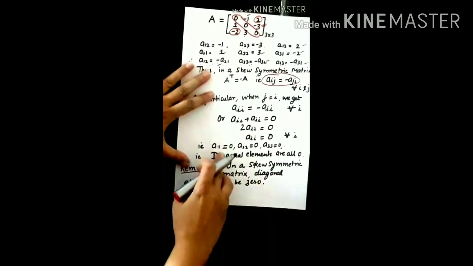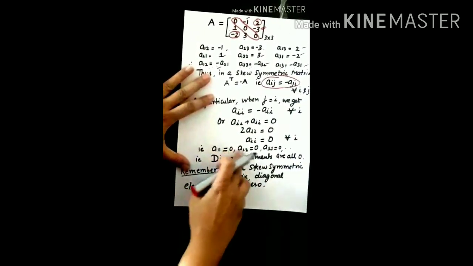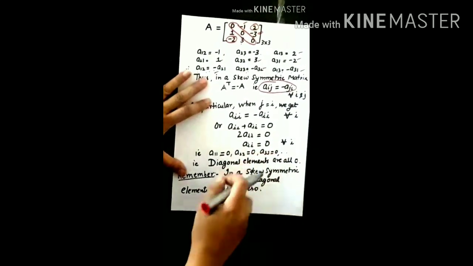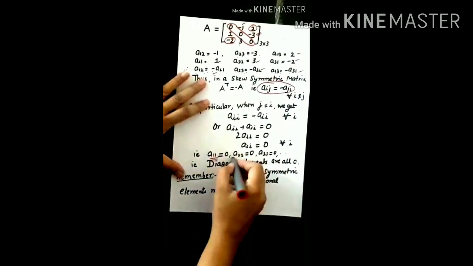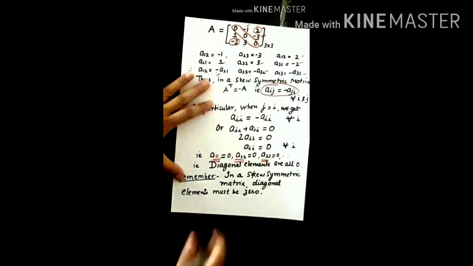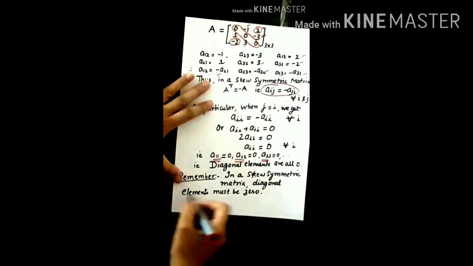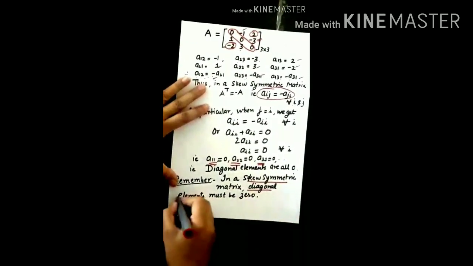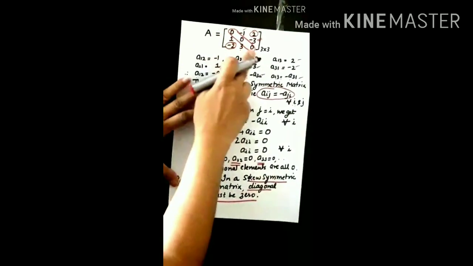And this means that A11 is 0, A22 is 0, A33 is 0. And these are the diagonal elements of a square matrix. So remember this, in a skew-symmetric matrix, all the diagonal elements must be equal to 0.